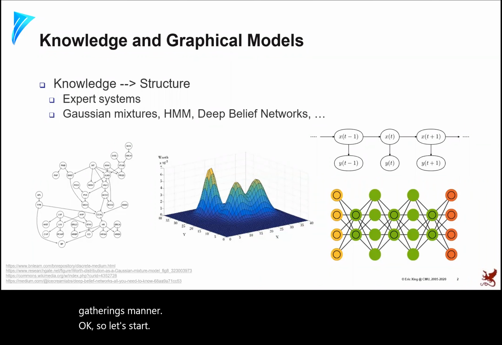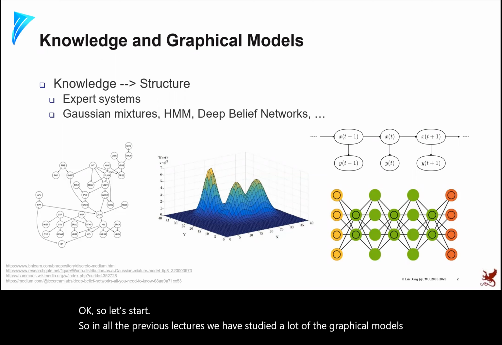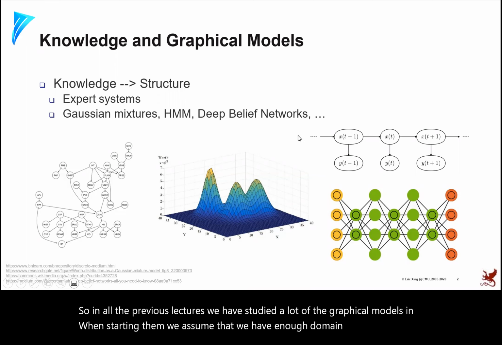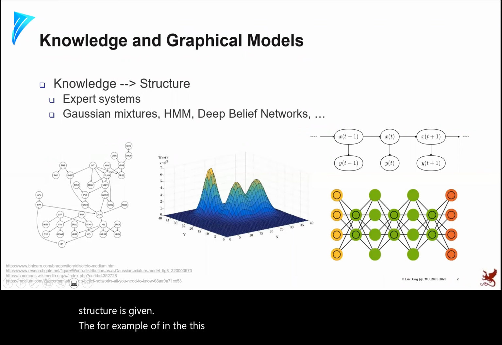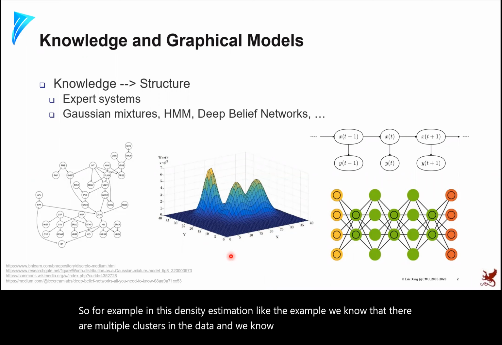In all the previous lectures, we have studied a lot of graphical models. When studying them, we assume that we have enough domain knowledge to design the structure of our models, which means that the graph structure is given. For example, in this density estimation example, we know that there are multiple clusters in the data, and we know each cluster could be represented with a Gaussian distribution.